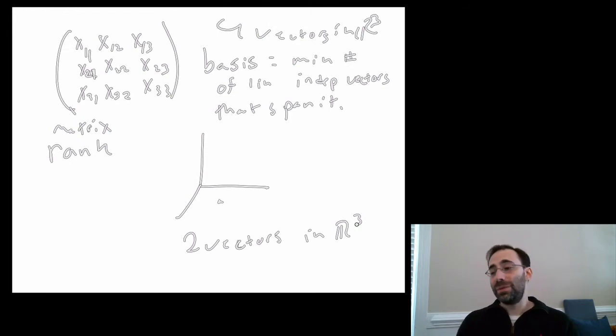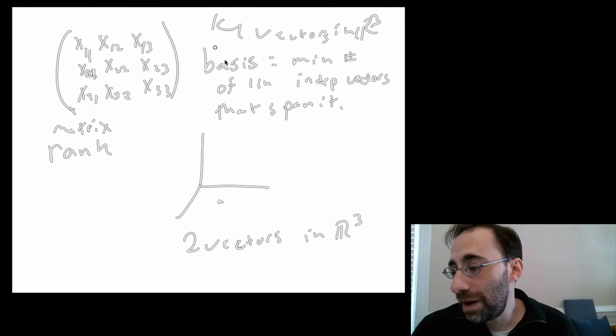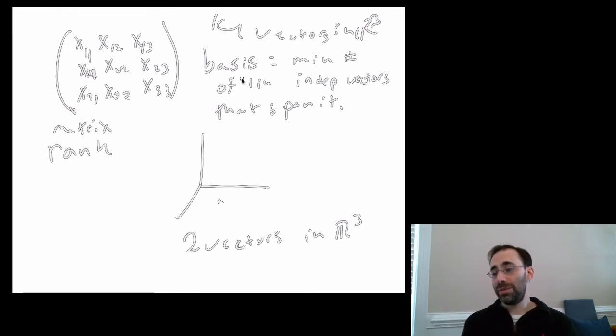If you put them in rows, this would be a 4x3 matrix. That would not be full rank. It would be at most 3, not 4. Down here, you would have 2 rows and 3 columns, and again, the rank would be 2 instead of 3.